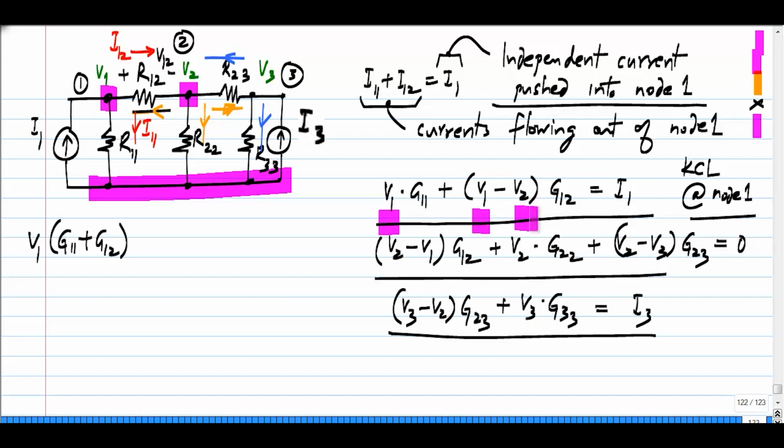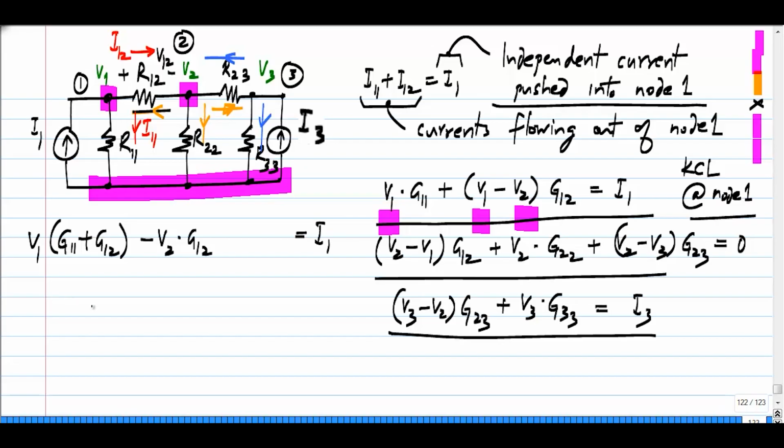In this case, there is only one of them. So, I have minus V2 times G12, and I do not have any terms involving V3 at all. Okay. These currents V1 times G11 plus G12 minus V2 times G12 equals the current I1.